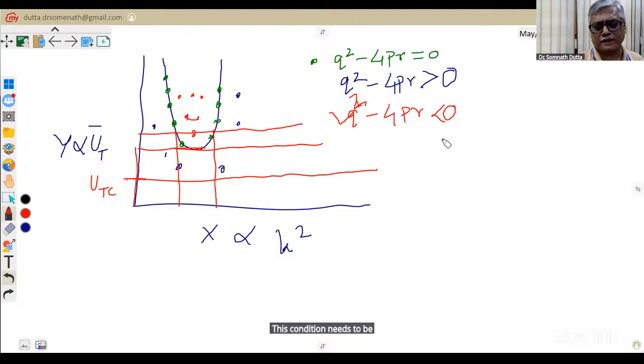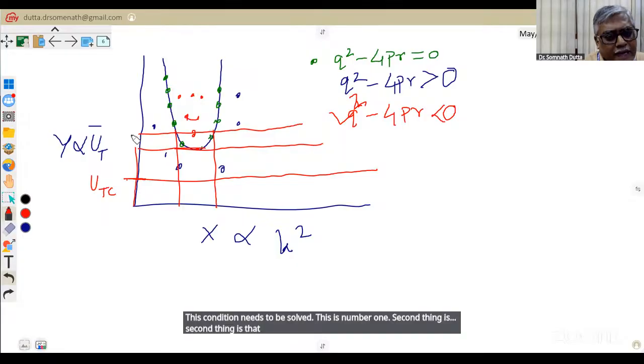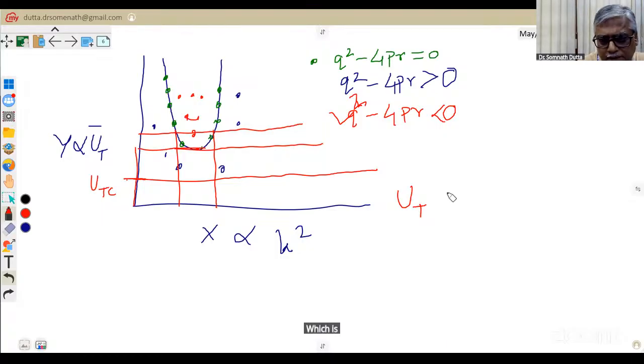This is number one. Second thing is that for any thermal wind, for any baroclinicity which is greater than this critical value of the thermal wind, we get 2 points. Look at here, this point and this point.